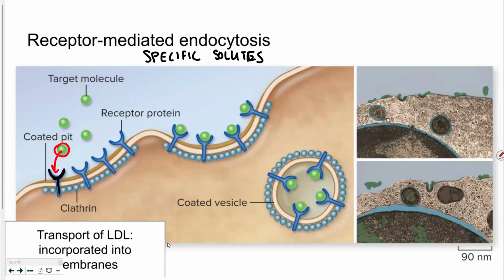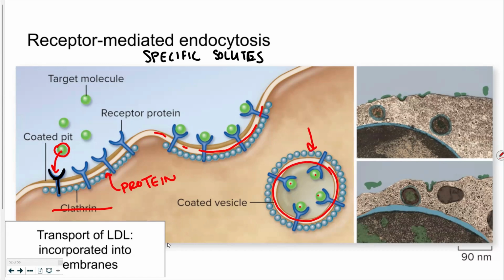Okay, so we grab that. We also have all these other little proteins. We don't need to worry about that word. We'll just know that these are other types of proteins. So again, we're folding in that plasma membrane until our target solutes are encased.